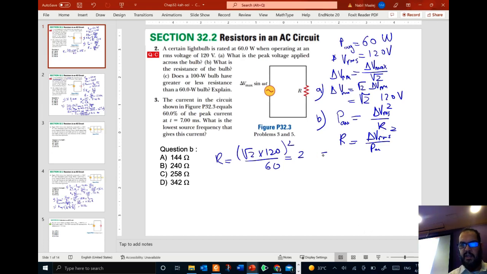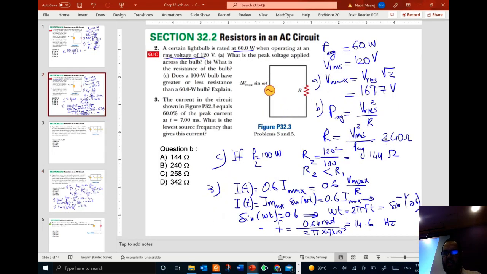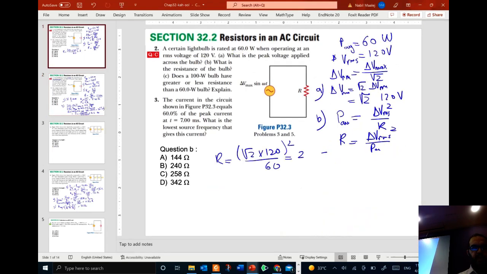You can see that the resistance is going to be 240 ohms.